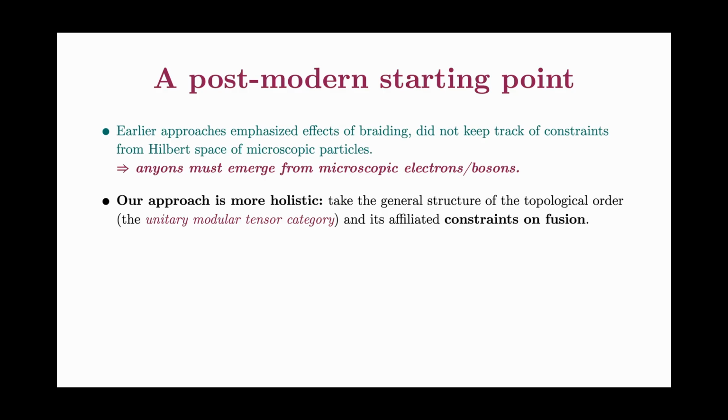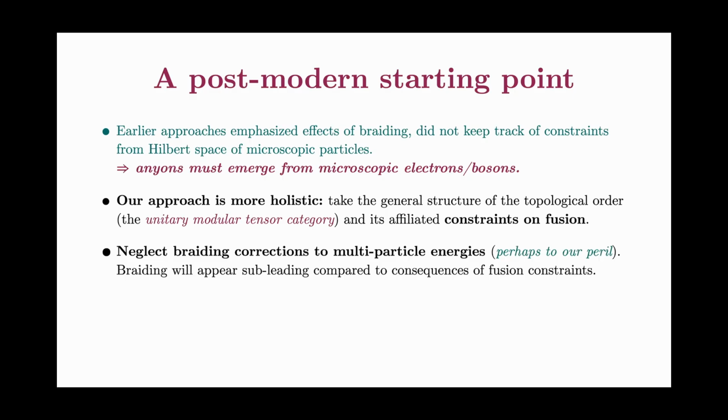Okay. By the way, this is the only time that UMTC will appear actually in this talk. If you're interested in that angle, you can look at the paper or talk to my student. And in particular, in this talk, I'm also going to neglect braiding corrections to multi-particle energies. I think that this is justified, and we can chat more for details on that later.